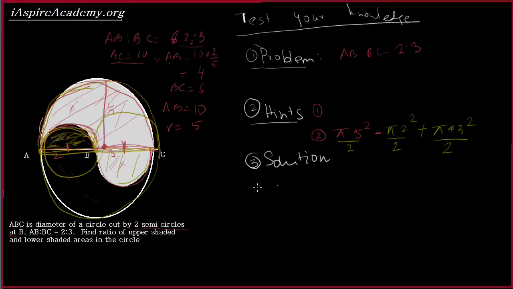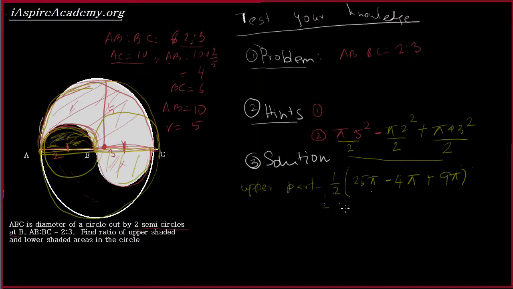So here is the solution. We have found from the hints that the upper part equals, if you take half common from both sides, pi 5 square is 25 pi, minus 4 pi, plus 9 pi.